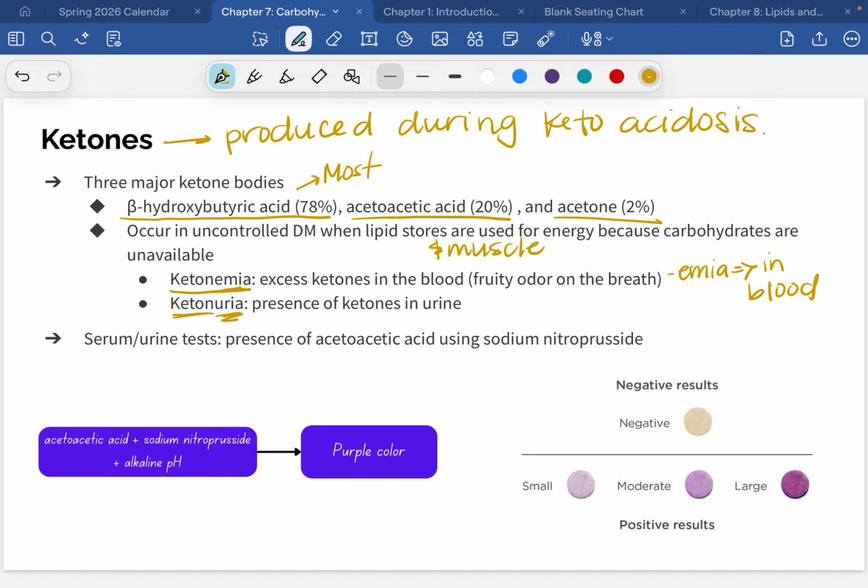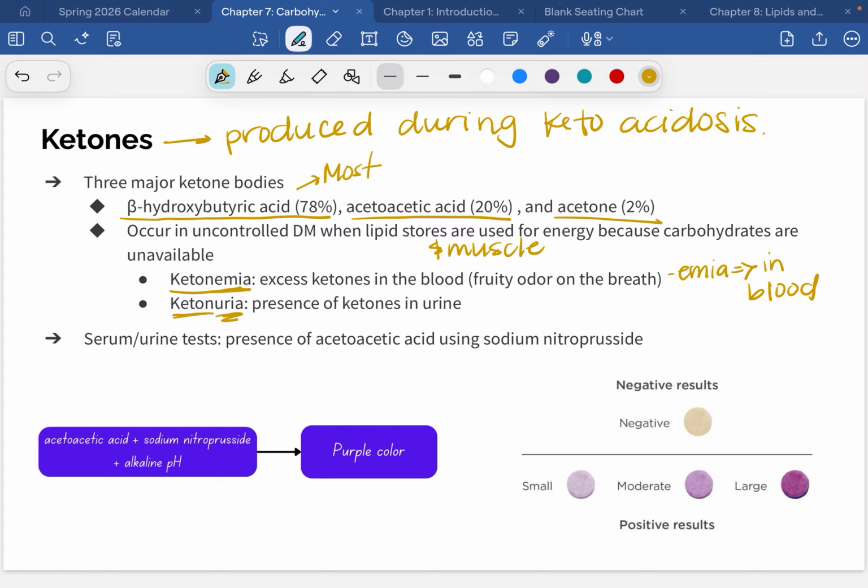And that smell is characteristic of people in uncontrolled diabetic ketoacidosis. Their breath will smell fruity and their urine can smell fruity. That is one of those things that caregivers, doctors, nurses, and things like that are capable of smelling on a patient and saying that this person is in diabetic ketoacidosis.